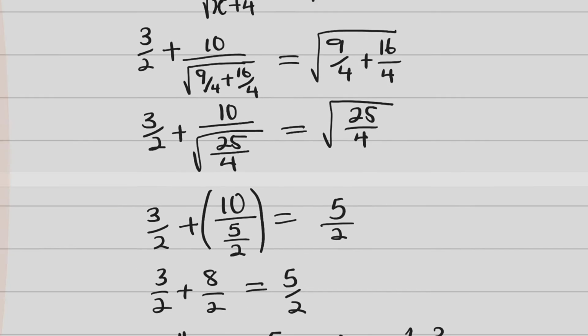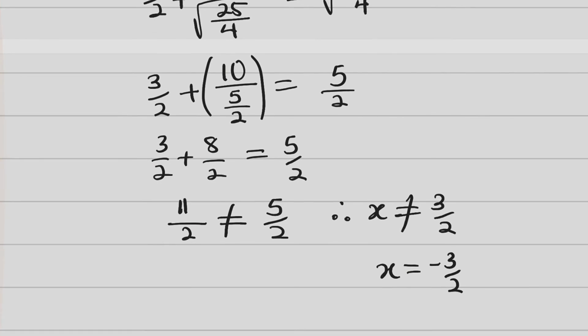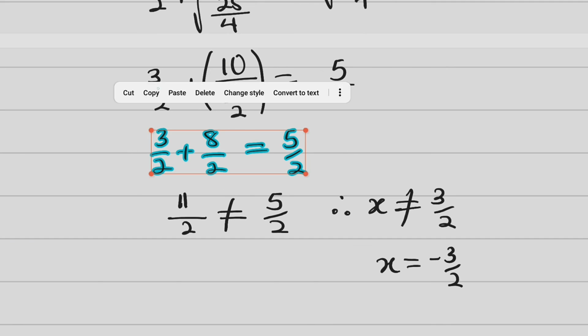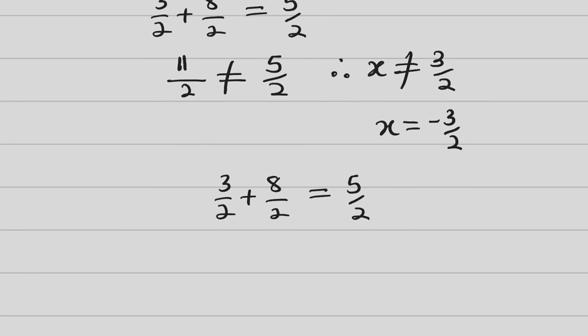To ease the task, we can start simplifying from here. So let me copy that equation. All we have to do is make this one negative, right? You can see we have a common denominator. We can take one of them. Negative 3 plus 8 is 5. And this is equal to 5 over 2. You can see this statement is true.